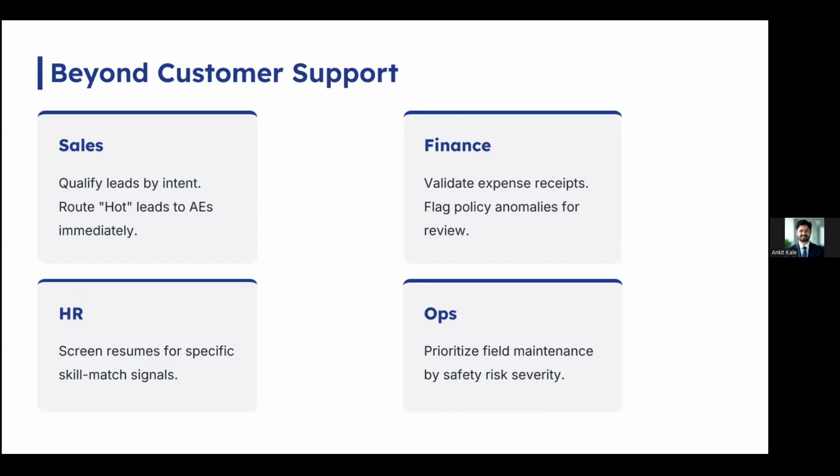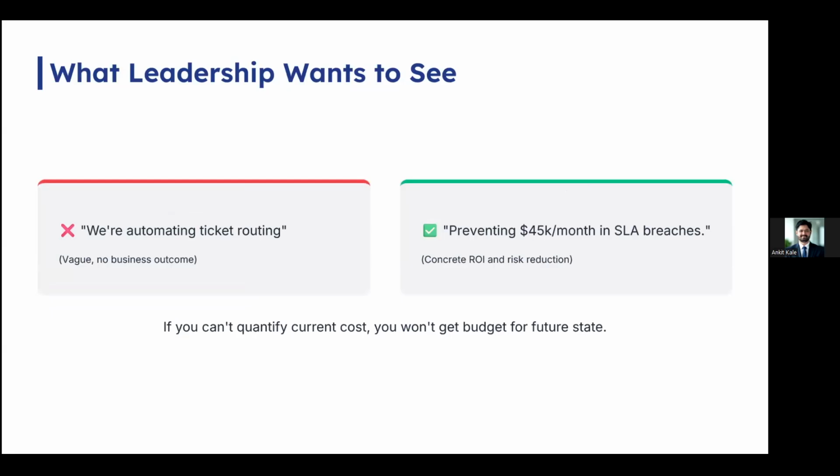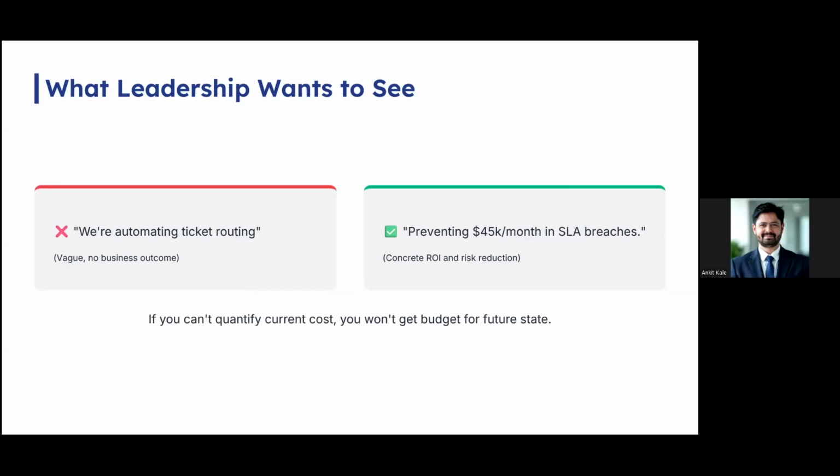But the rule of thumb over here is, if you want deterministic, fixed output, always prefer going with rule-based automation. But if variation is acceptable, only then go ahead with this particular Gen AI-based automation, right? When it comes to leadership, what they want to see is concrete ROI and risk reduction instead of vague business outcomes.